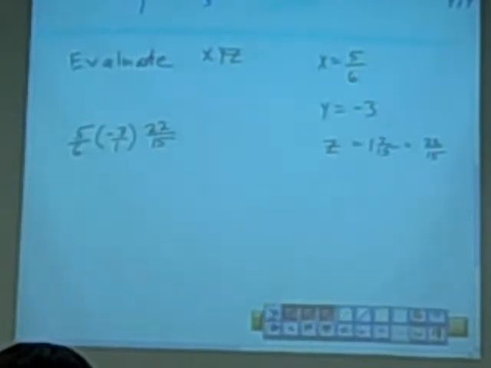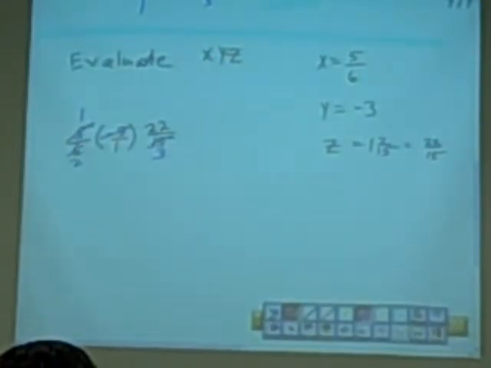Okay, let's see if we can cancel anything. Can 5 cancel anything? The 15, right? That's 3. 5 goes into itself once. How about the 6? Negative 3 goes into 6, 2. Yeah, we get a negative 1 up here. Good.